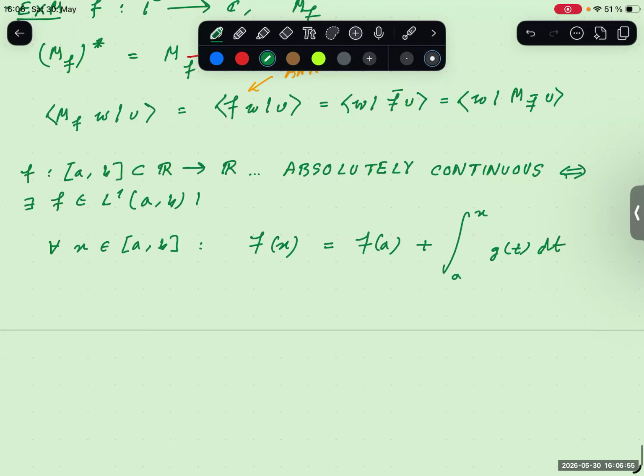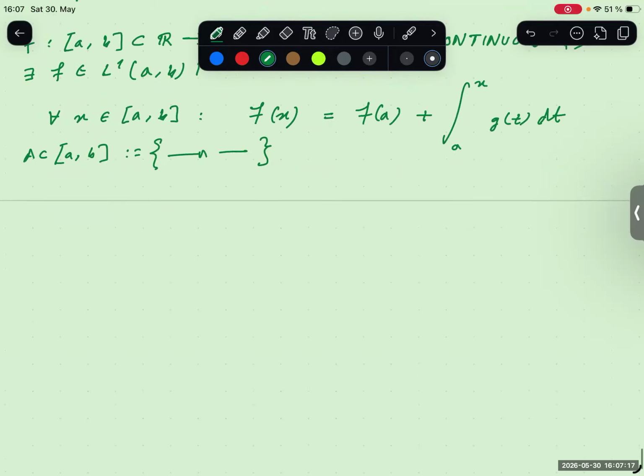We denote the set of all such functions as AC, AC for absolutely continuous, with the interval indicated as a, b. So this is the set of all such functions. Good.